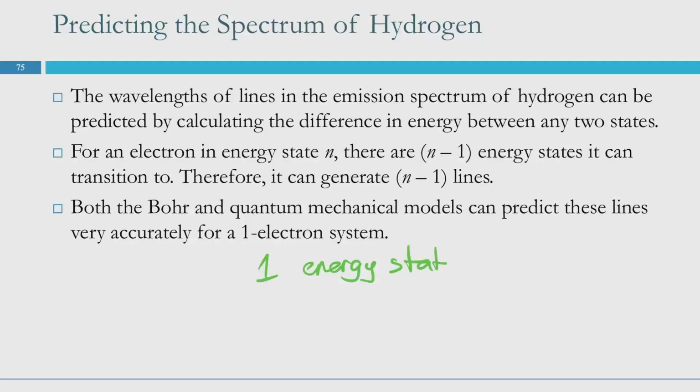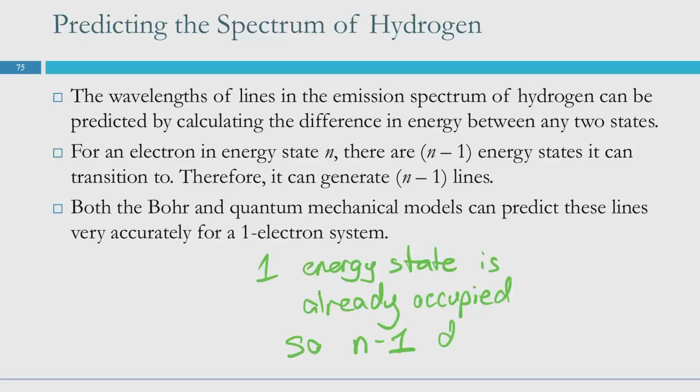One energy state is already occupied, so n minus 1 destinations, places that it can go.